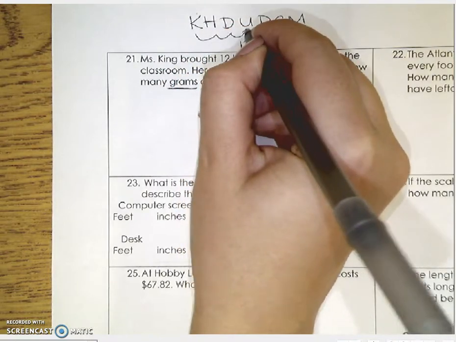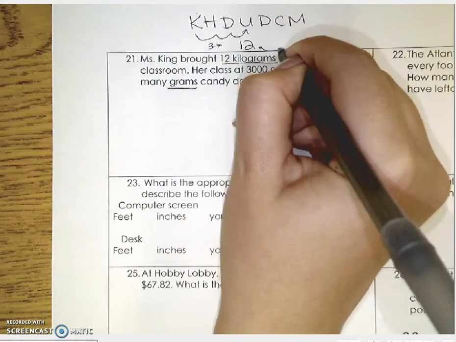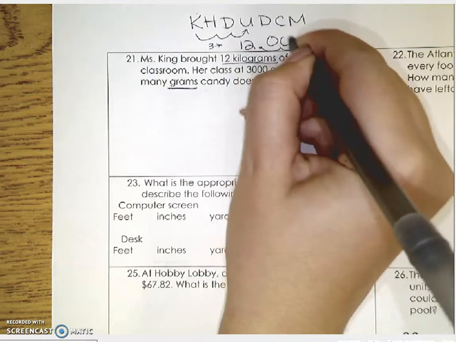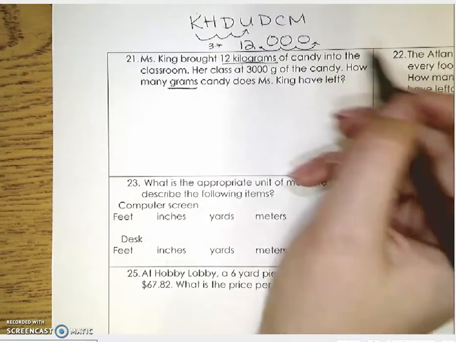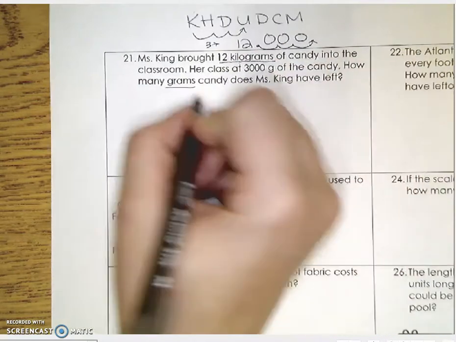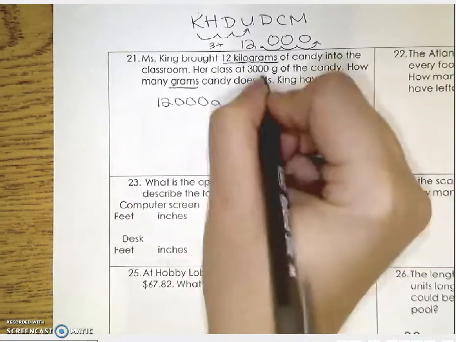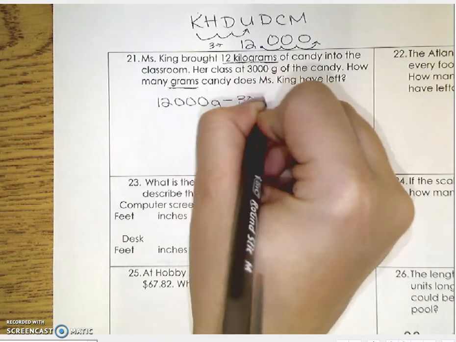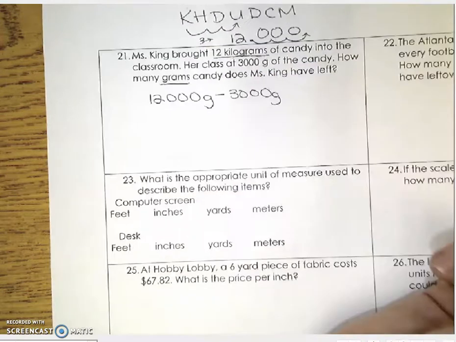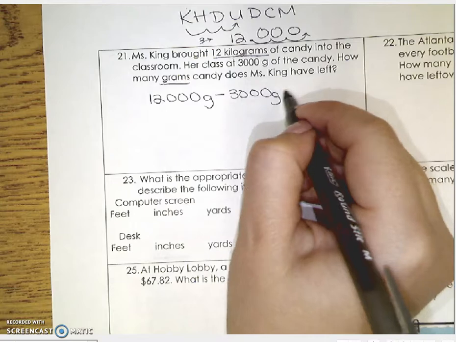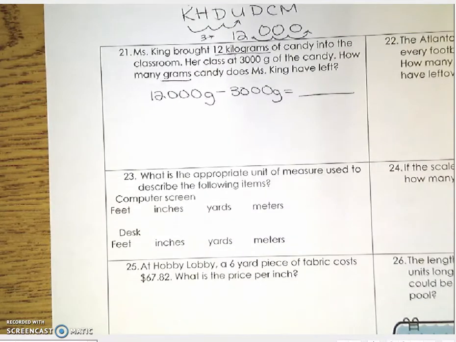1, 2, 3. So 12 kilograms converted to grams is 12,000 grams. We're going to subtract the 3,000 grams that the class ate to see how many grams were left over.